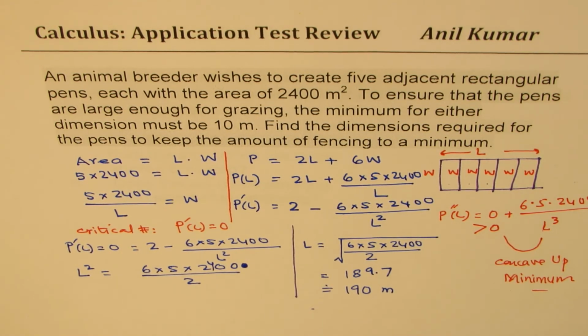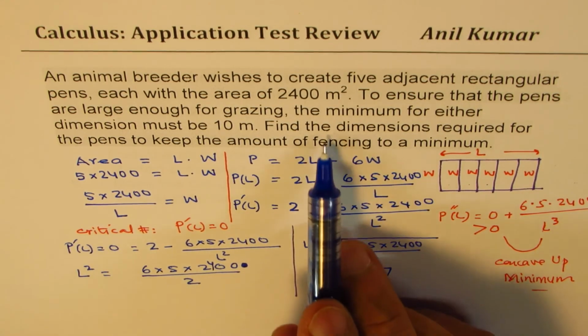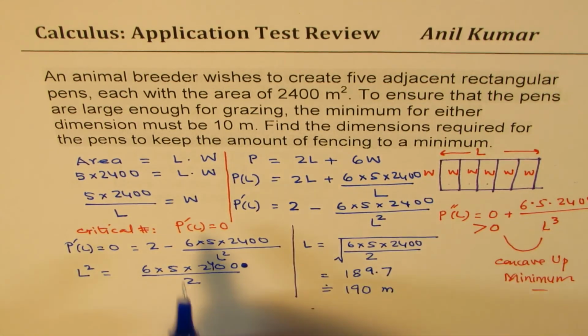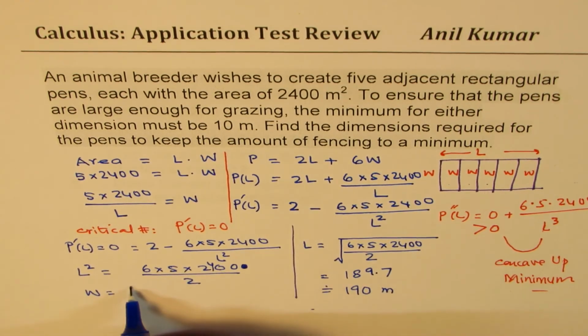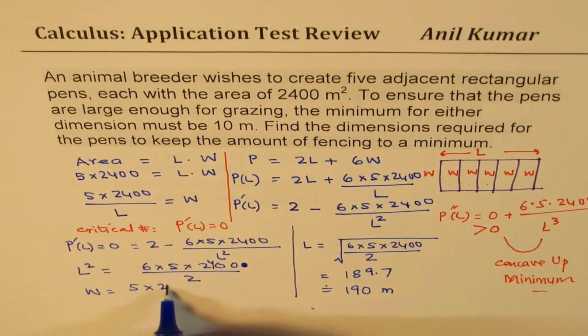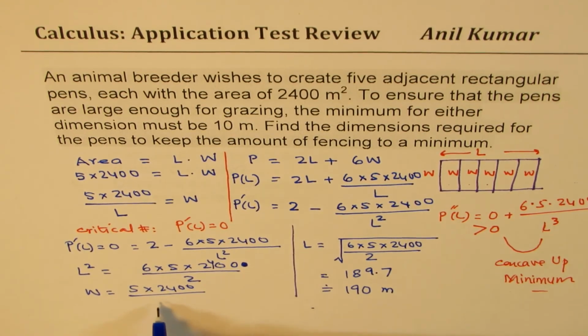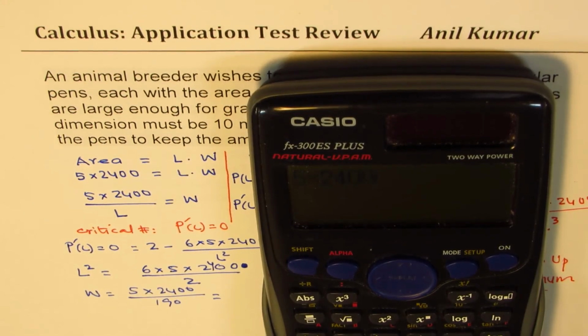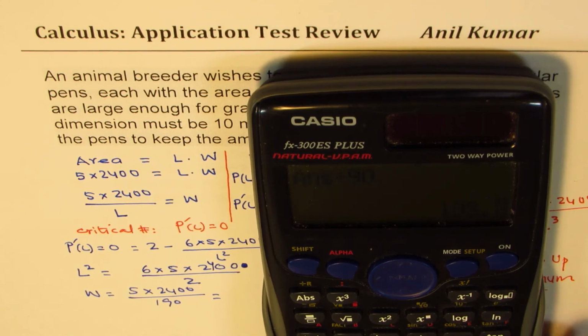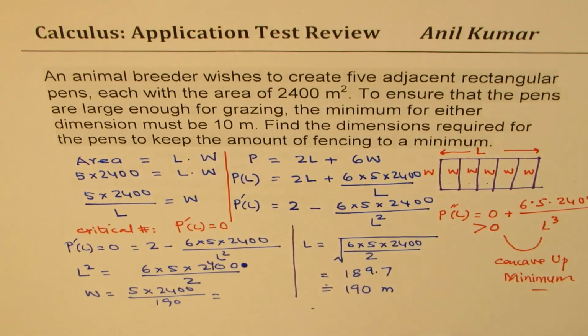Now, once we have shown that, we need to just calculate width. We need to find dimensions, that means calculate width. So width is equal to 5 times 2400 divided by 190. So let's do this. We have 5 times 2400 divided by 190 equals, in decimals, 133.3.